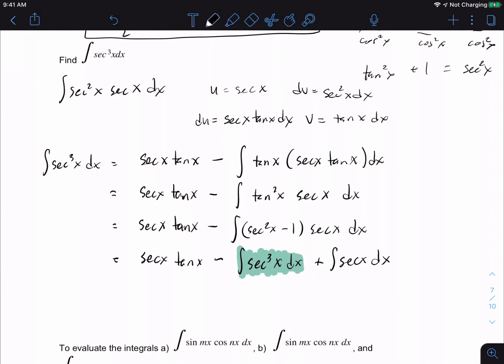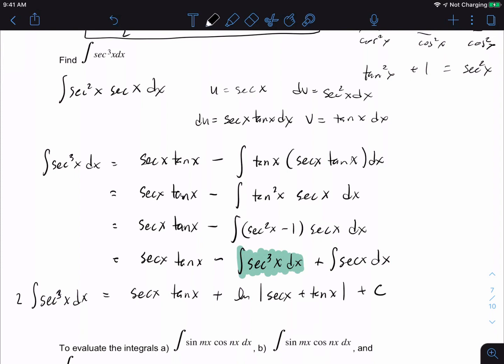end up getting 2 integral of secant cubed x dx is equal to secant x tangent x plus, what's the integral of secant of x? Do you guys remember? We did it. Isn't it ln of secant x plus tangent x? Right?